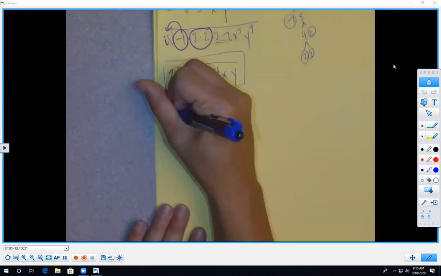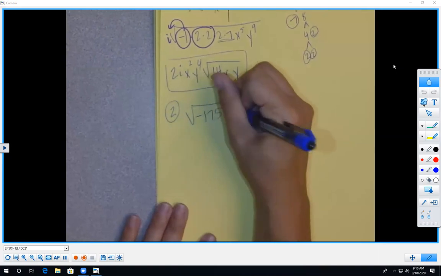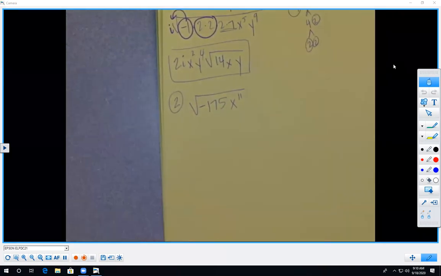Okay, let's do another one of those. What about if it was the square root of -175x to the 11th? You do that one.